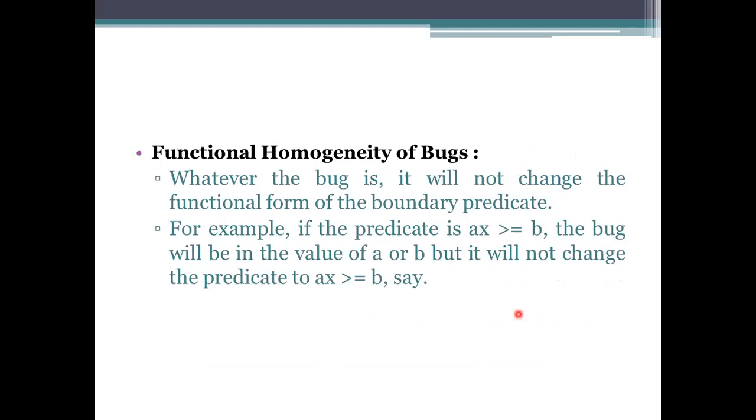And the next one is the functional homogeneity of the bugs. Here the functionality has to be considered. If we are specifying any functional form, that is ax greater than or equals to b, then we need to change the values we have for a and b. The x value won't change here, the x value will be represented there itself.